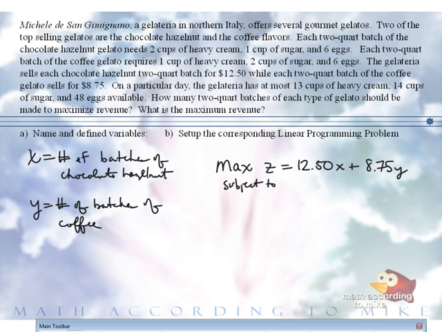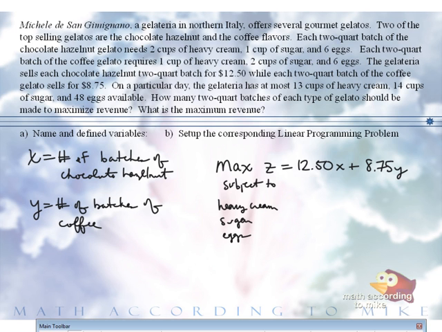what do we have restrictions on? Yeah. Let's go in order in which it was presented. Heavy cream, sugar, and eggs. So let's put all the heavy cream numbers together.